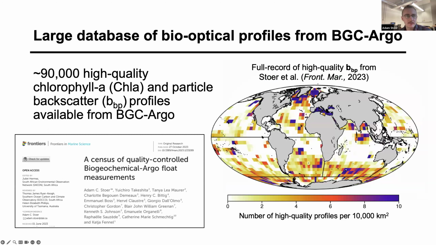You can see in the map here, I and several other colleagues did a census of how much high quality data there is. You have pretty darn good coverage of the global ocean with all these bio-optical profiles from BGC Argo.